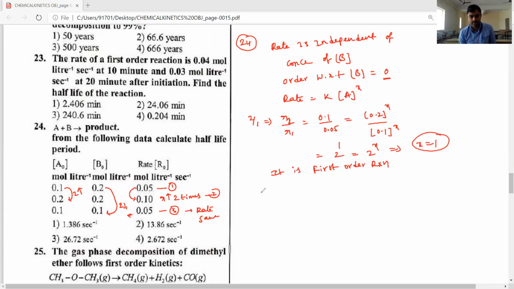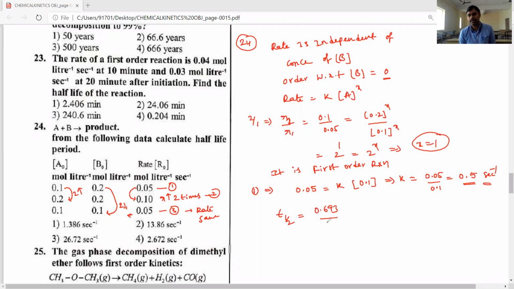From equation 1, the rate 0.05 is equal to K into concentration of A. Concentration of A they gave is 0.1. Now from this, K is equal to 0.05 by 0.1, which is 0.5 second inverse.